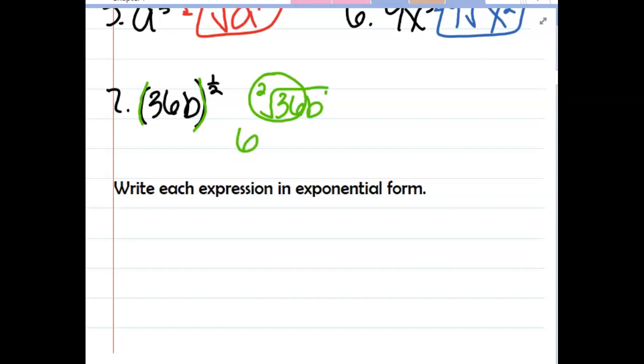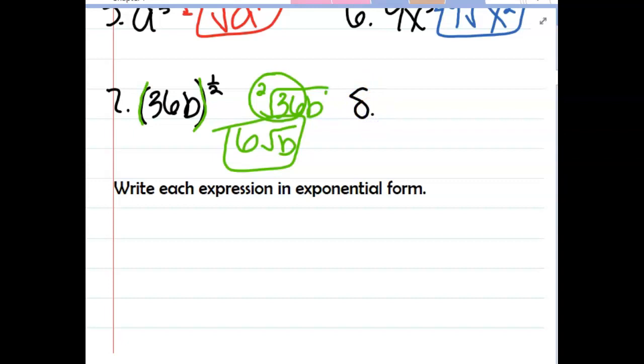It's 6. Here's the problem. I can't take the square root of b, because I don't know what b is. So the b is actually going to stay under the radical. Now, if you want to write the 2 for your index, you definitely can, but you don't have to. If you did, it wouldn't be wrong either. But it would be 6 square root of b.